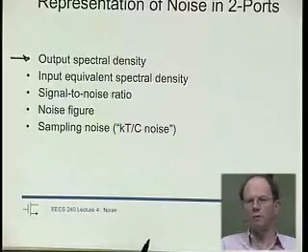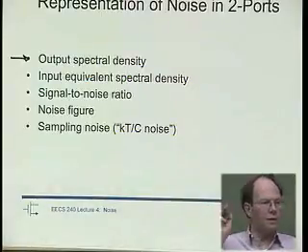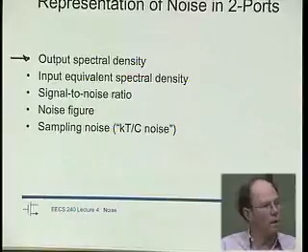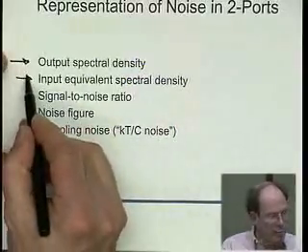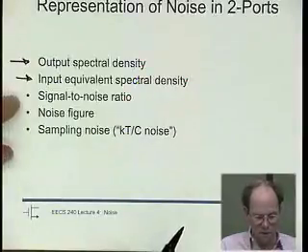It would be very inconvenient for the manufacturer to give you the noise at the output, because open loop, well, the gain is anyways extremely poorly defined. Closed loop with feedback, well, it's your business what feedback you put there. And how can he possibly know how much feedback you want to use? So in that case, the input equivalent spectral density is interesting. We're going to look at that next.